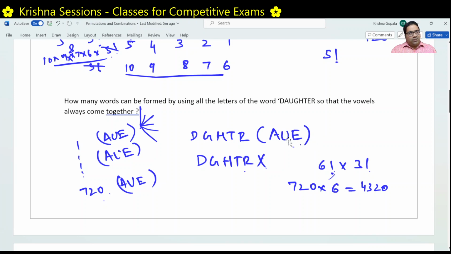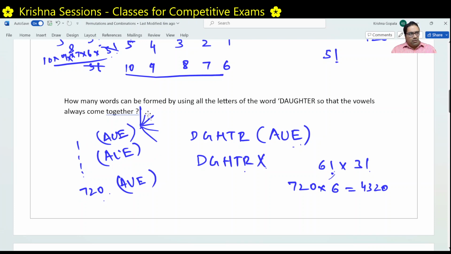These three can sit within themselves in any order, but these three have to be together. So we assume that these three are together, and we assume that these three are one letter only. Then if this is taken as a set, with this set there are 720 permutations possible.